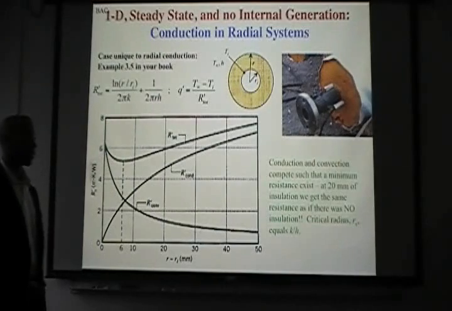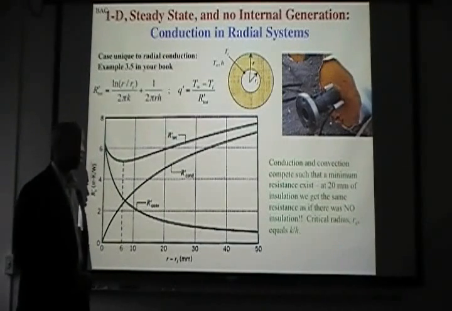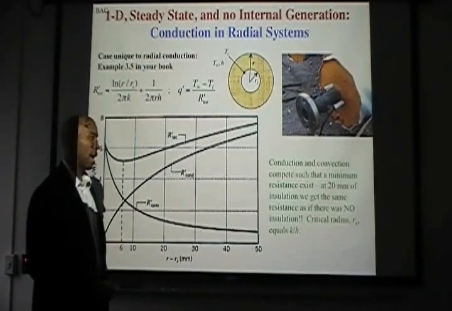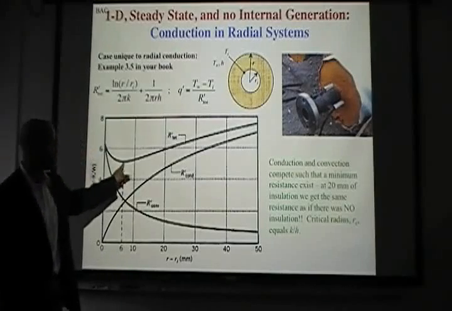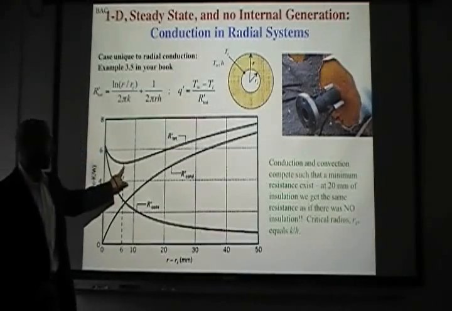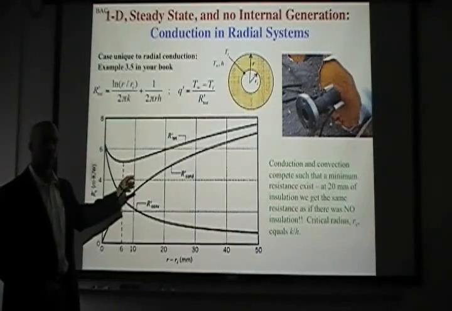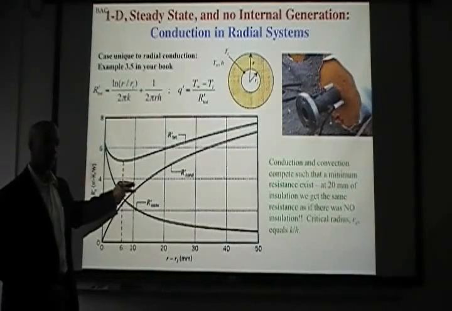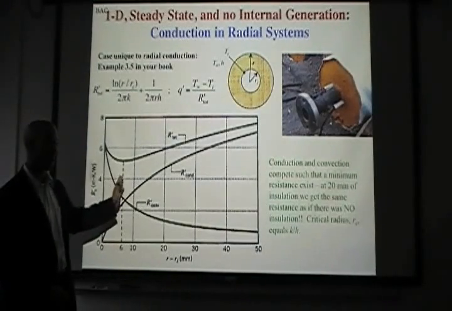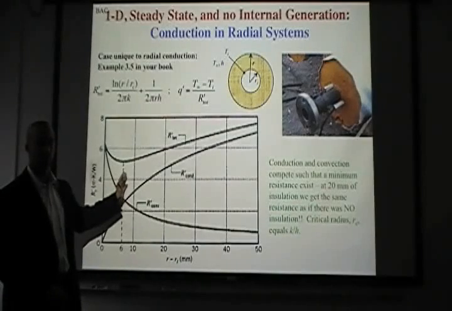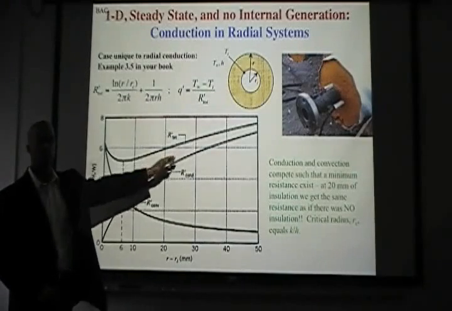So, like I said, there's convection and conduction that are competing here. And there's this critical thickness. The critical thickness is this minimum that defines where, after that point, the total resistance does nothing but increase.